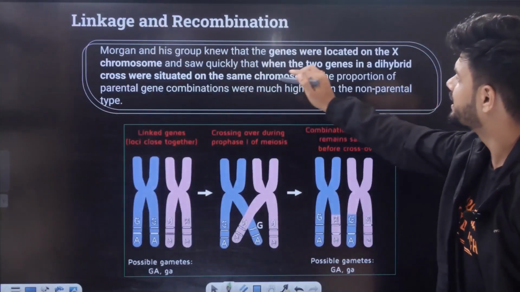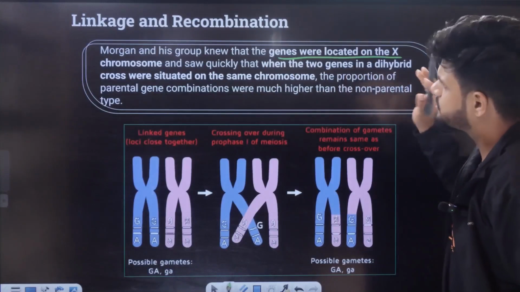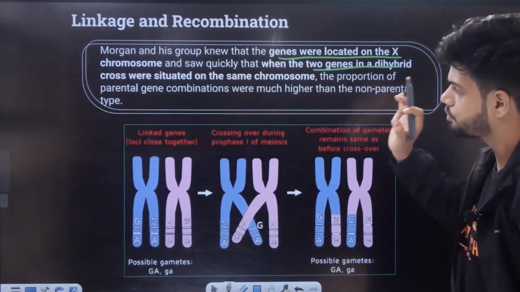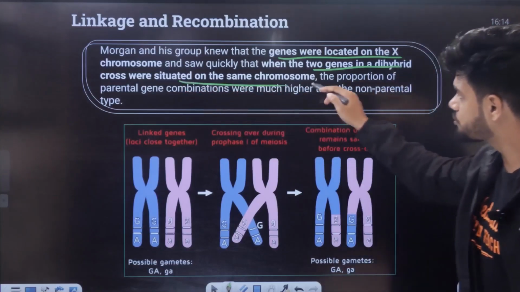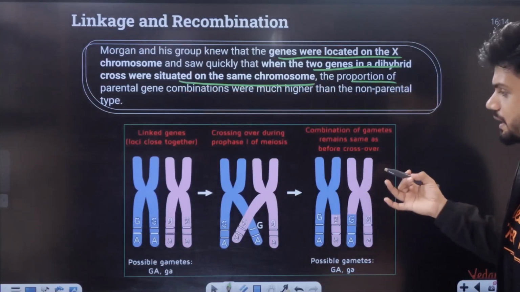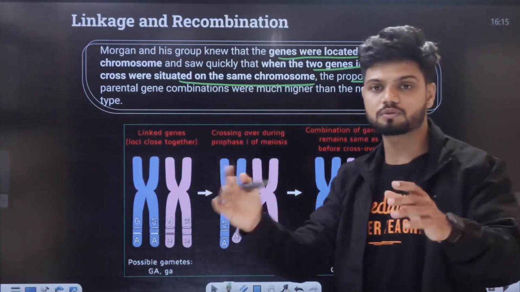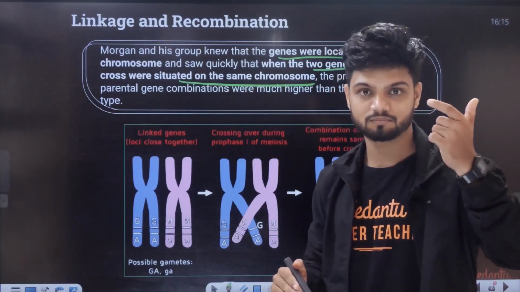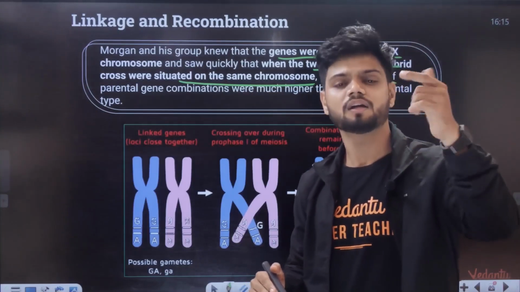Morgan and his group knew that genes were located on the X chromosome, and when the two genes in a dihybrid cross were situated on the same chromosome, the proportion of parental gene combinations was much higher than the non-parental type. That is, when the two genes are present on the same chromosome, parental combination is high. Parental combination high, recombination is low.